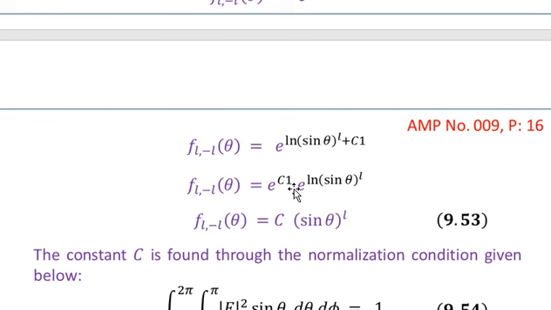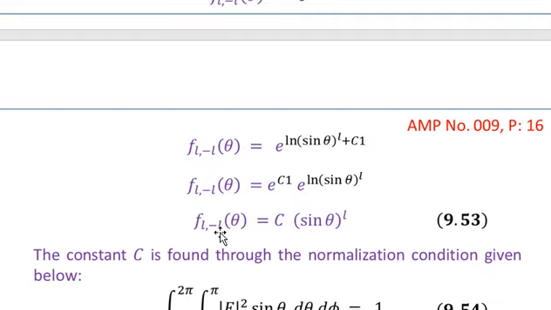E to the power c1 is represented by capital C, and you see that this exponential will cancel out the logarithmic function, and you will have sine of theta raised to the power L. So you have now f(l, -L) as a function of theta is equal to c times sine of theta raised to the power L, as shown in equation number 9.53.